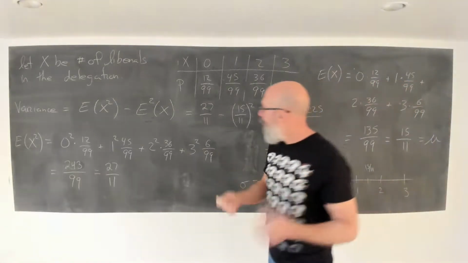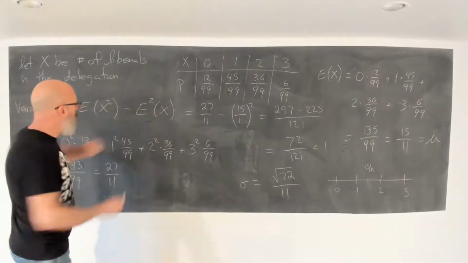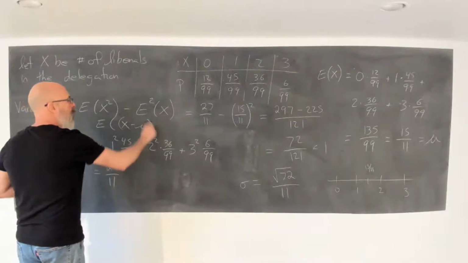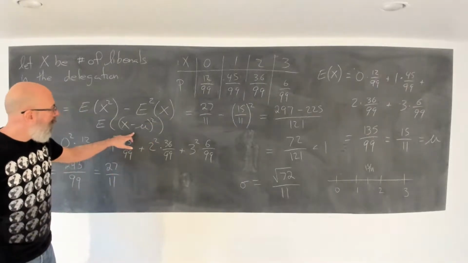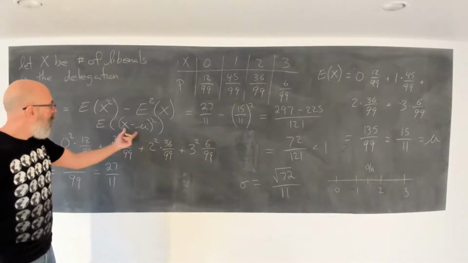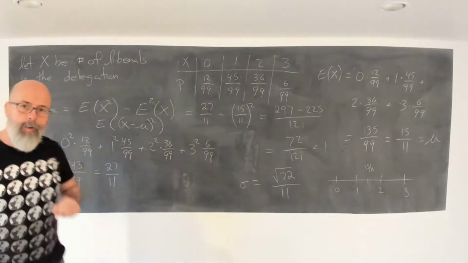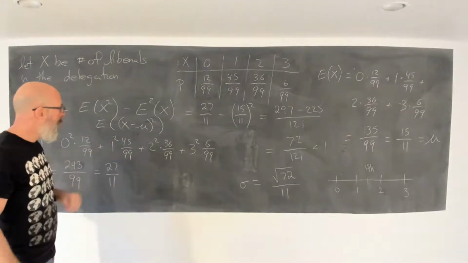If the variance is very large, think about what's happening. We're using this as the definition, but it's also the expected value of x minus mu squared. So if this takes on a large value, the expected value could be very large.